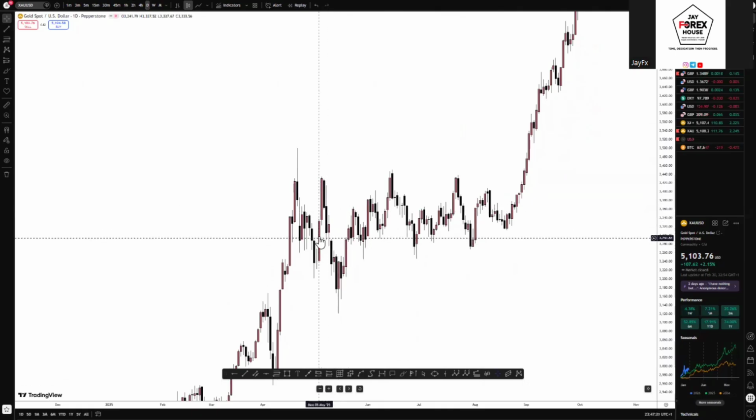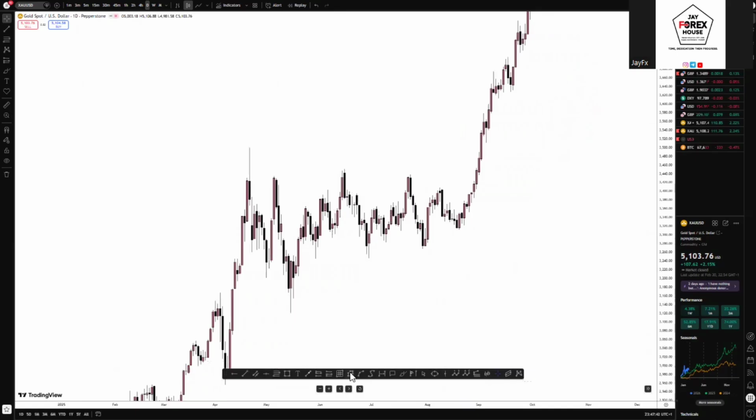Now, like I said earlier, there are different types of support and resistance level, but you have to understand that support and resistance level are formed with the candlestick formation. Support level can be formed by drawing out, let's say, the swing point of each range. So it all goes back to market structure.